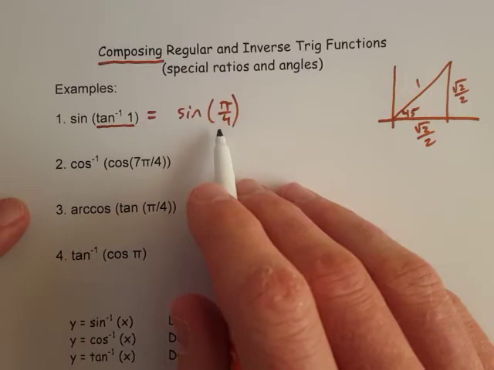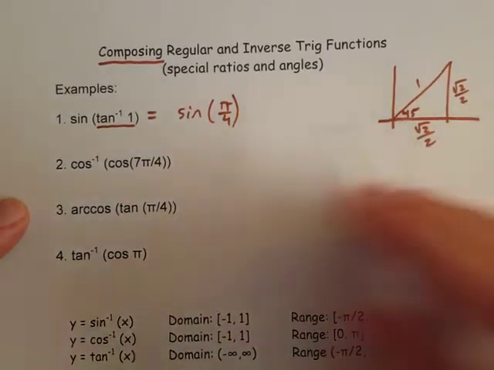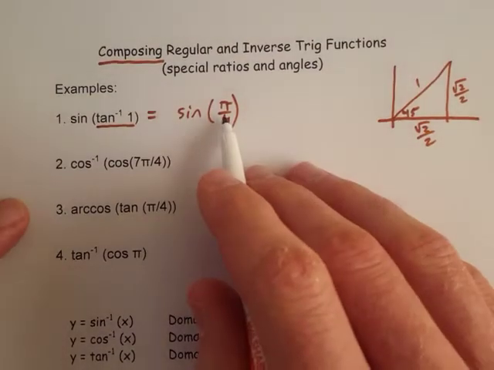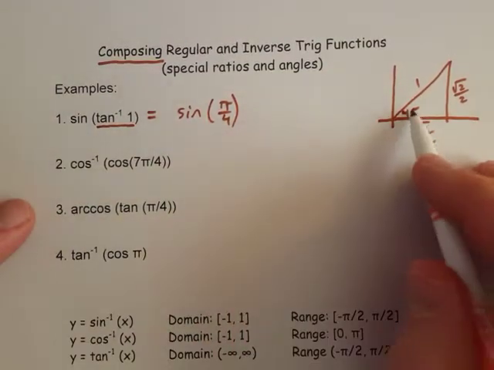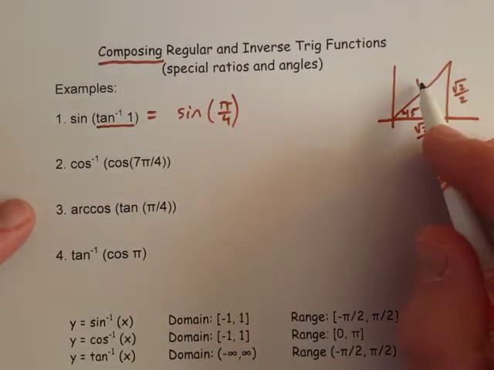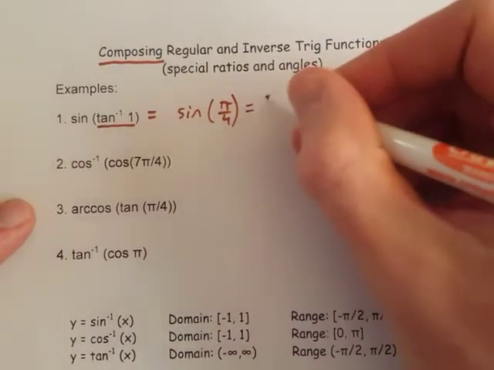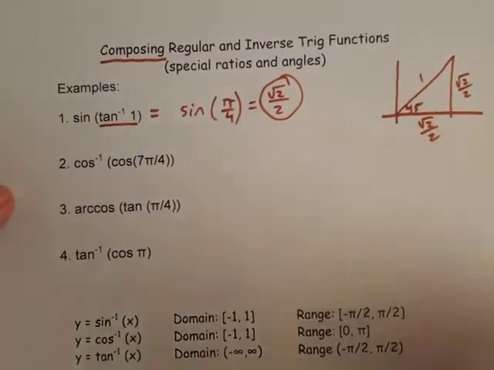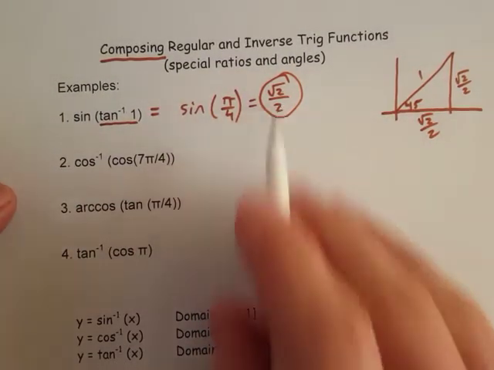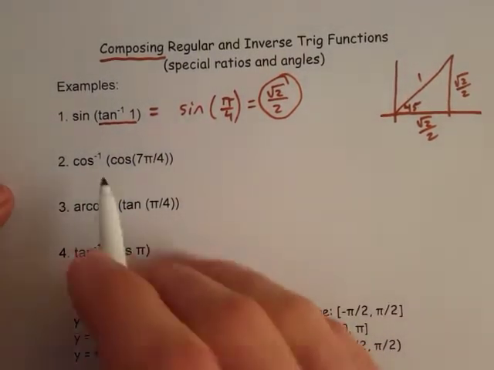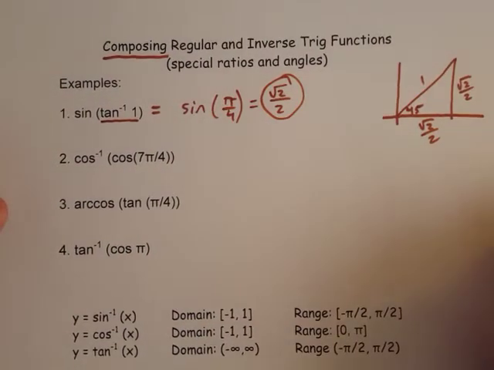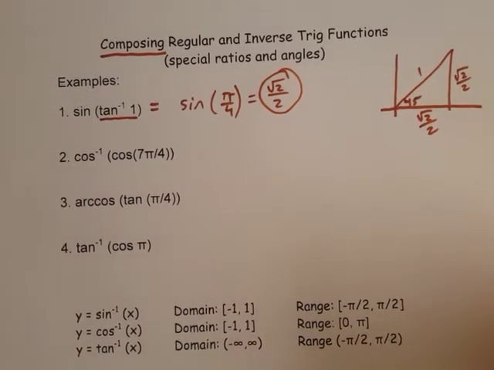The nice thing is the picture is already there for us. This is pi over 4, that's our triangle that we need for it. So now we can just say sine of pi over 4, which is this angle, is opposite over hypotenuse, and so that's going to be square root of 2 over 2. So what comes out of this one is a ratio, a fraction. The other three are all going to be angles that come out of them, but we'll keep going with this thing of drawing the pictures.